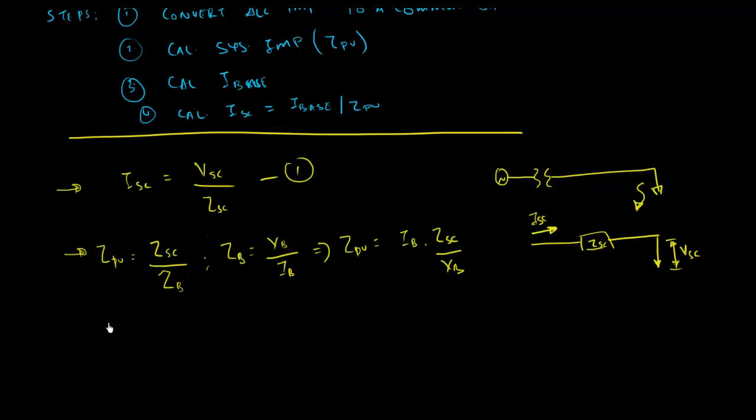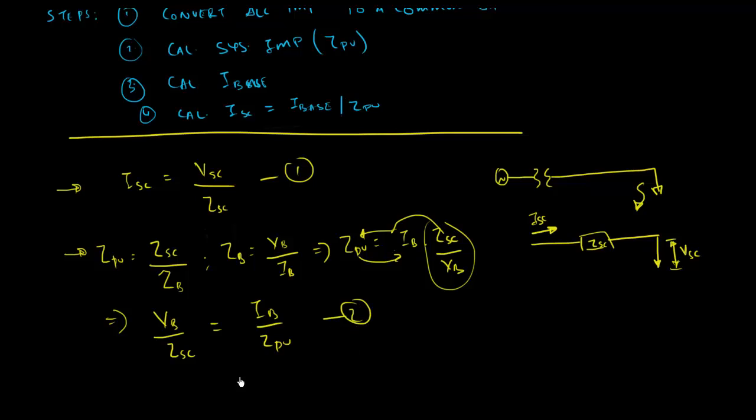We can write this as voltage base over Z short circuit is equal to I base over Z per unit. Correct? We just take this there and this portion there, this down here, and that's what you get. Now let this be equation 2.